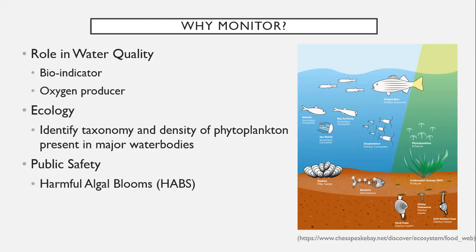And identifying the taxonomy and density of phytoplankton present in major water bodies can share important ecological dynamics as well. So the third reason we monitor phytoplankton is for public safety. As I mentioned, blooms can occur that can be harmful, and that is something we want to monitor.